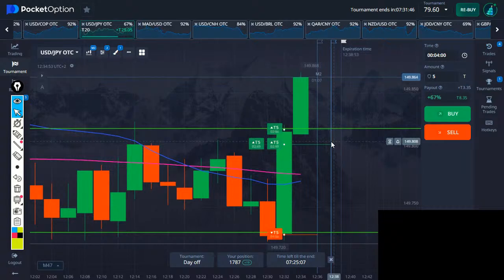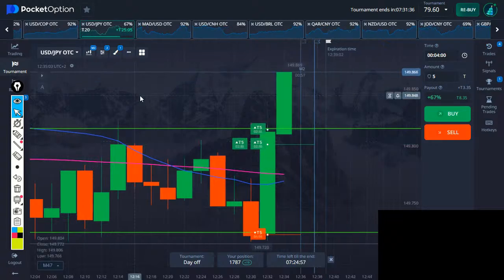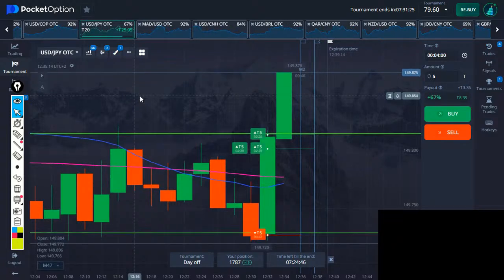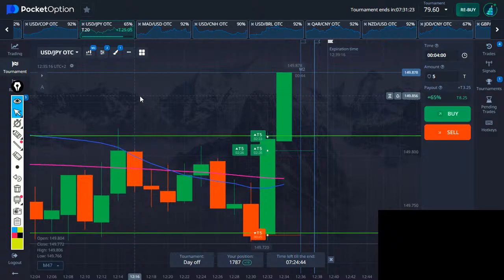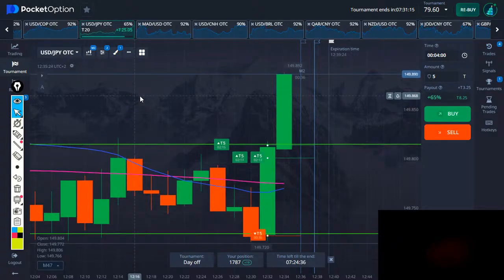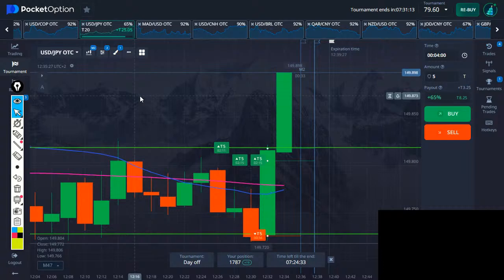Beautiful. If you get a strong close here, the setup is very safe. Okay. Very nice. There's no way we can lose this one.